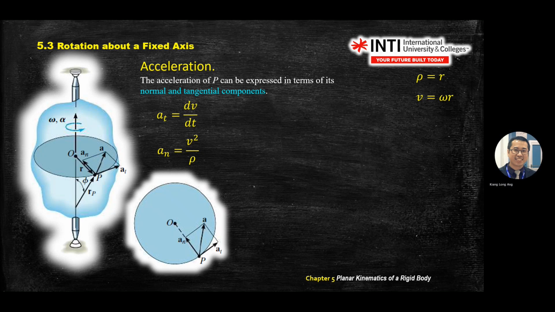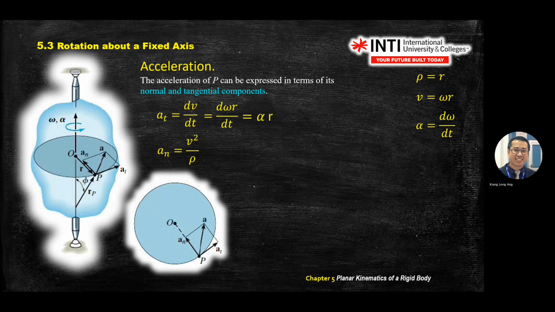V equal to angular velocity and angular displacement, omega R. You substitute inside here, what you get? Alpha equal to d omega/dt. So here, V equal to omega R. What is fixed? R is fixed. So you pull out your R, you get your alpha R.